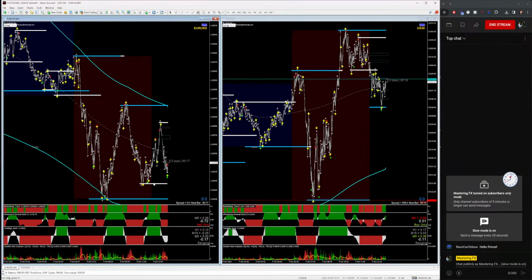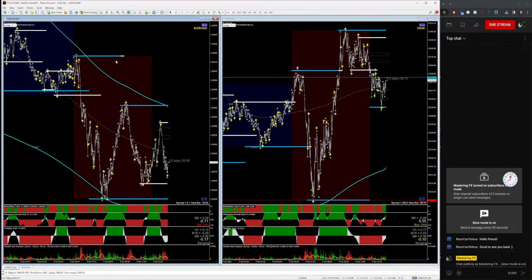So if we get a raid of this liquidity, that would be enough for me. If we raid this liquidity, that would be fine with me as well, because that should be past the band. Or this liquidity. We just see how it goes. So a raid of either liquidities, not this one, but this one, this one, this one, or this one would be valid for me to look for an entry.